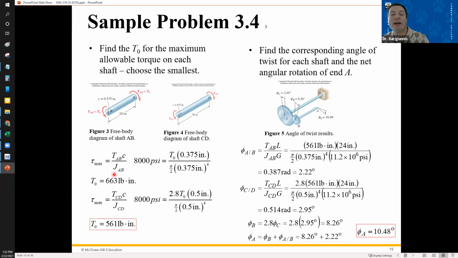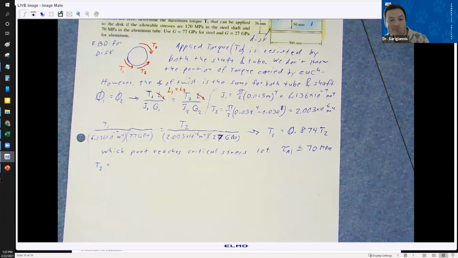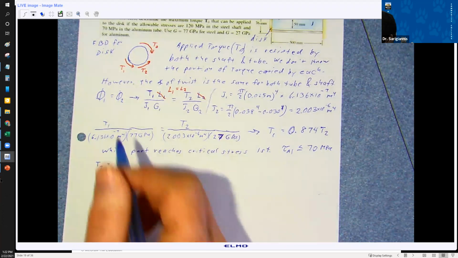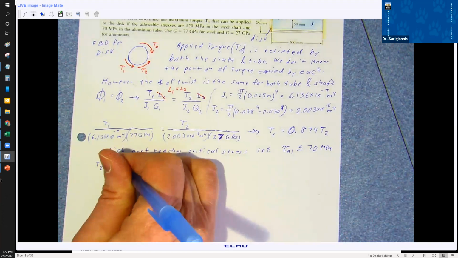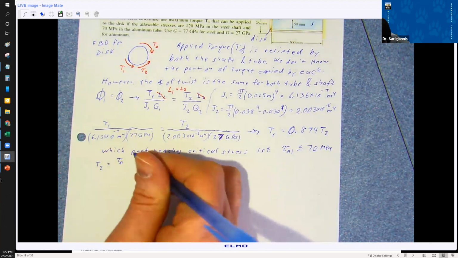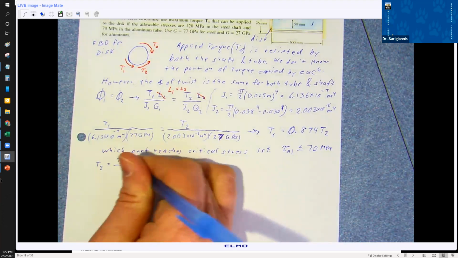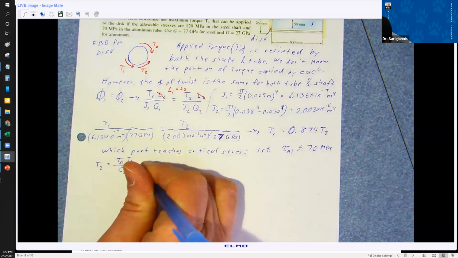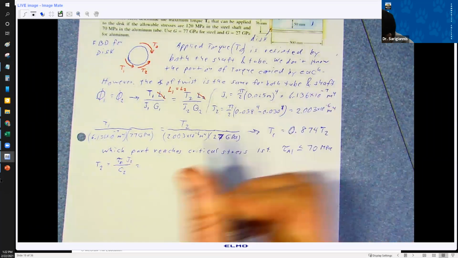I'm going to know the radius and the polar moment of inertia. So the torque that the aluminum tube can take is equal to the allowable shear stress, times J2, the polar moment of inertia for that one, and C2.